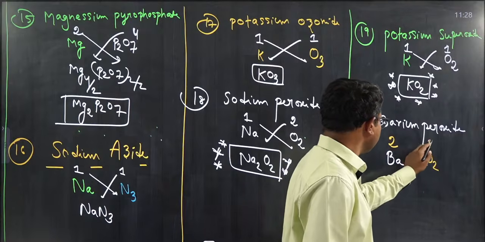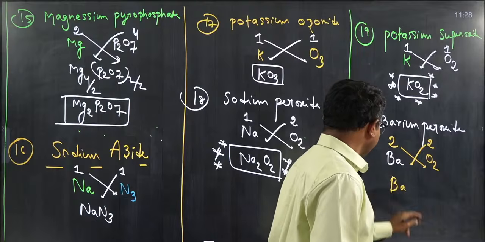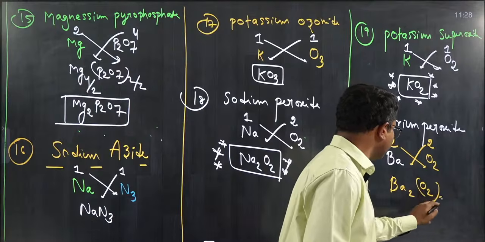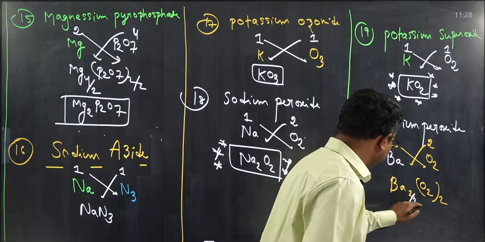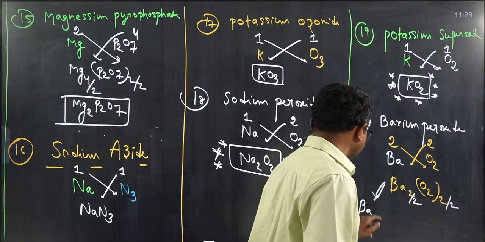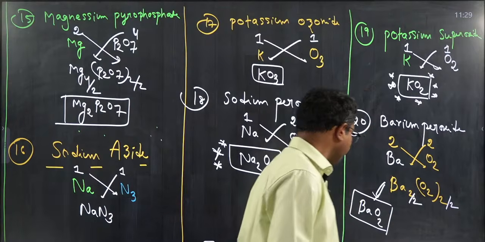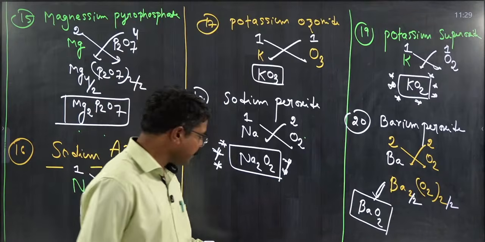The formula has O2 taken twice and Ba twice, and there is a common factor, so divide by 2, and you will get the formula of barium peroxide as BaO2. Good.